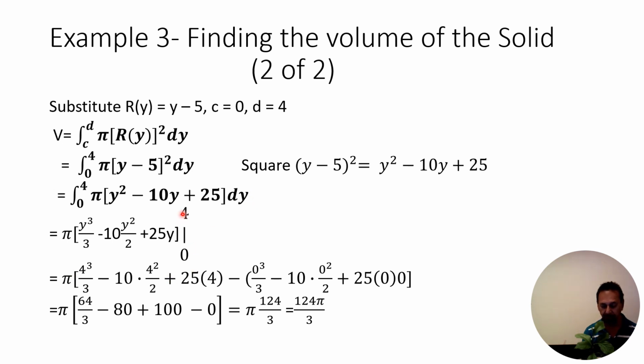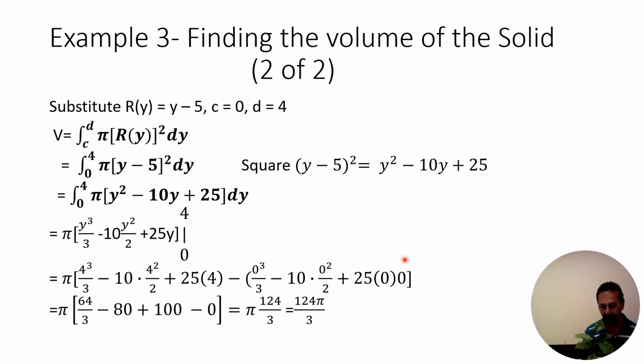So now we first substitute y equals 4, so it becomes pi times 4 cubed over 3 minus 10 times 4 squared over 2 plus 25 times 4. Then put subtraction, always subtract, and then substitute 0. So it becomes 0 cubed over 3 minus 10 times 0 squared over 2 plus 25 times 0.